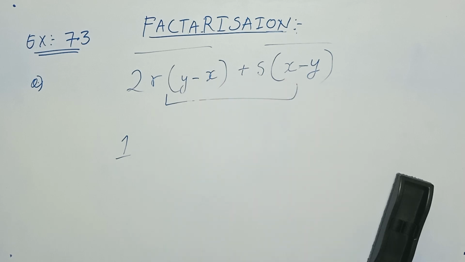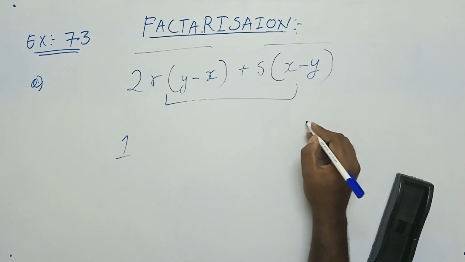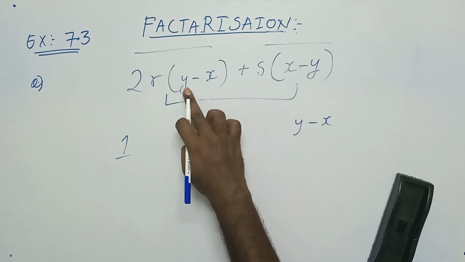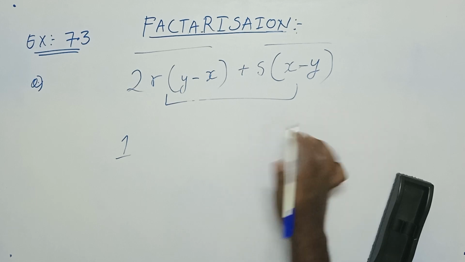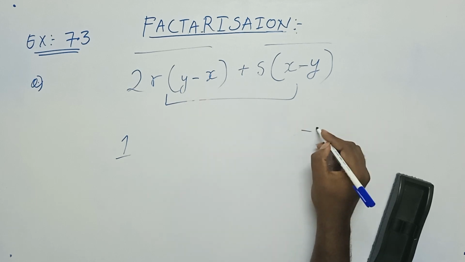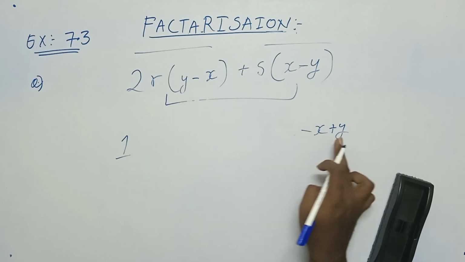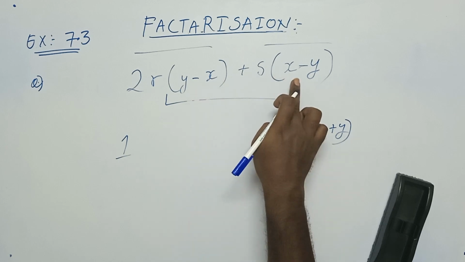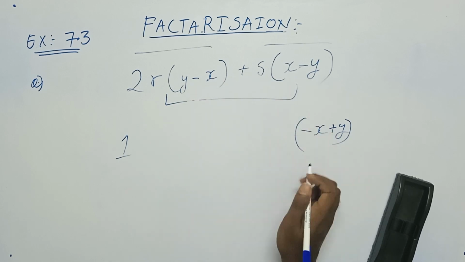So now we just make a little change. That means y minus x, right? We just convert this y minus x into x minus y. Let's rewrite this again: minus x plus y. Y minus x is equal to minus x plus y. So now we change this expression by bringing the sign outside the bracket.